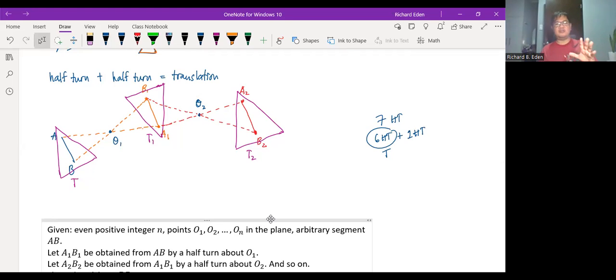Oh, also, however, before we leave this, what I want us to think about is, what if we do a half turn at O2 and then at O1, as if we're going back. Okay.